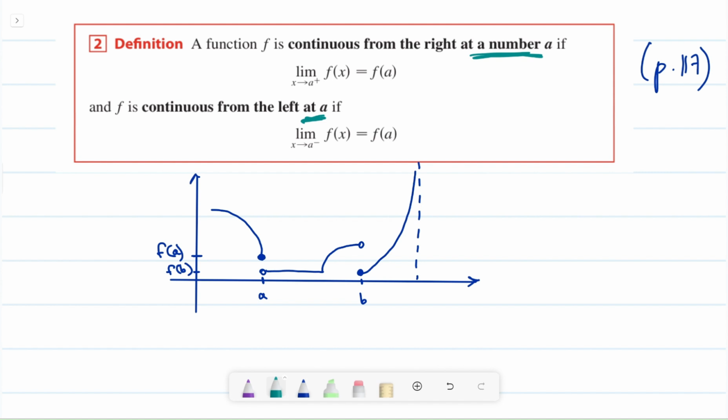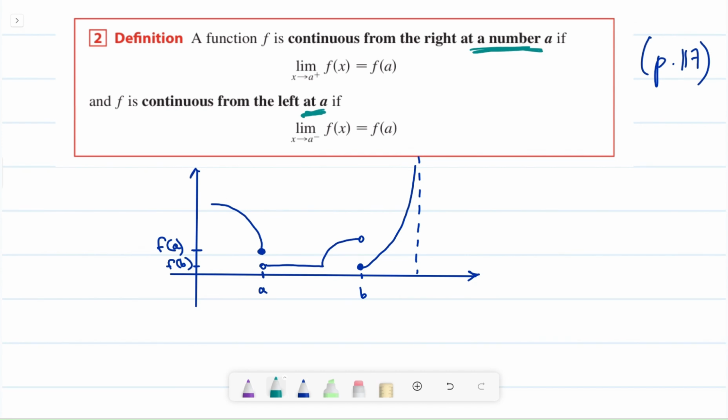So let's check where we have continuity from the left or the right. Let's look at point a, which we have right here. So the limit as x approaches a from the left is equal to f of a, because we have this filled in circle. This is f of a. So we can write the limit as x approaches a from the left of f of x is equal to f of a.